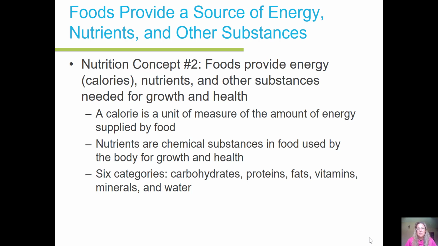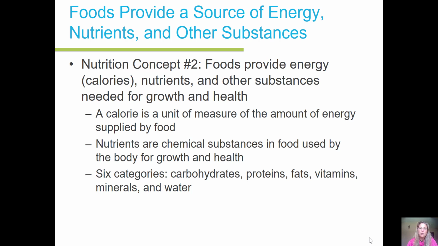There are what we call 6 essential nutrients: carb, protein, fat, vitamins, minerals, and water. The first 3, carbs, protein, and fat, are your macronutrients, and those are the macros that can provide energy. They can produce adenosine triphosphate, ATP, in our body. Vitamins, minerals, and water, even though they're still considered essential nutrients, cannot produce energy alone in your body because they do not contain any calories.